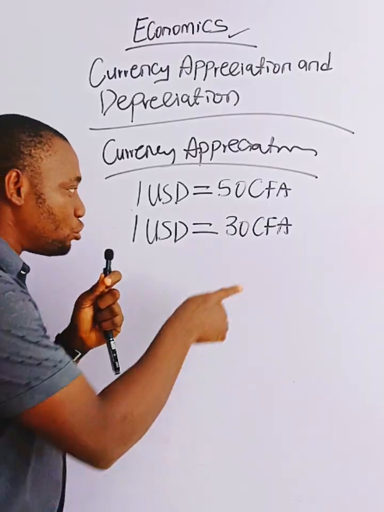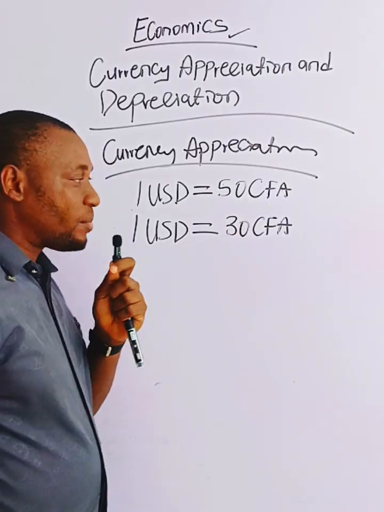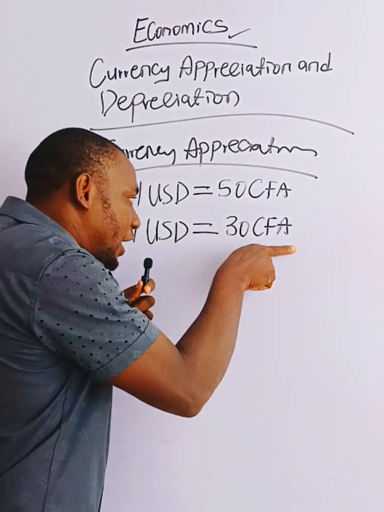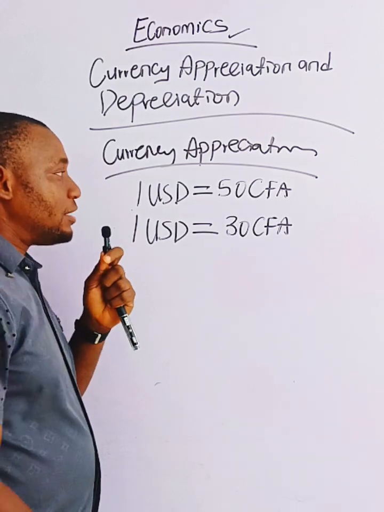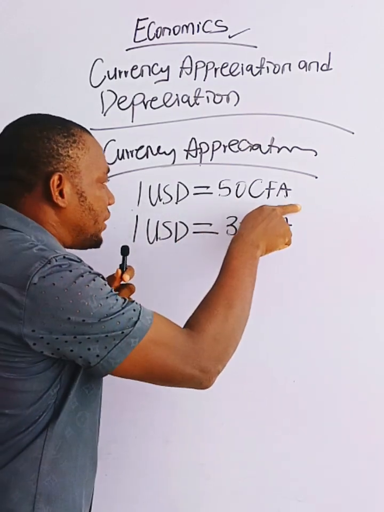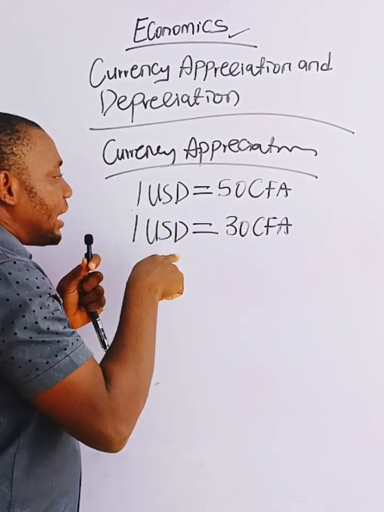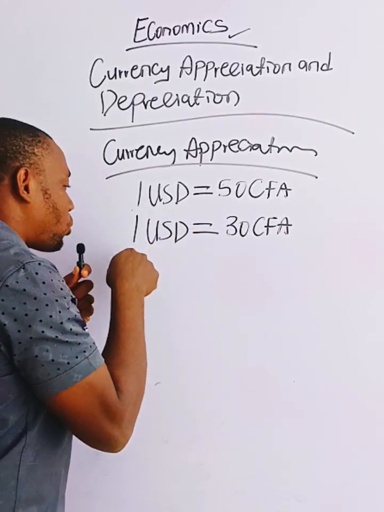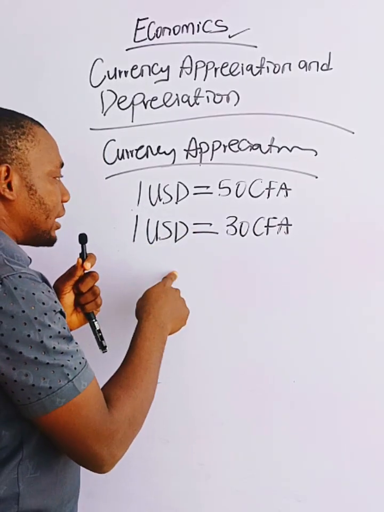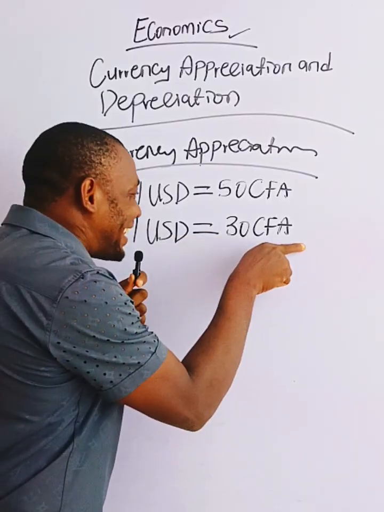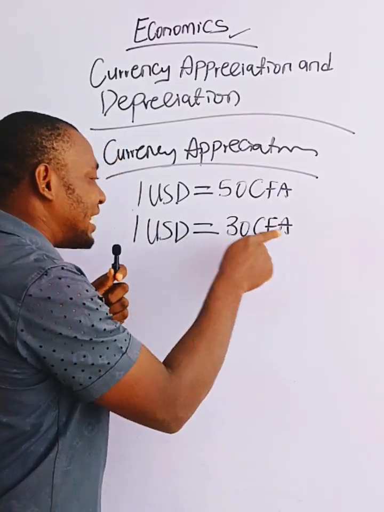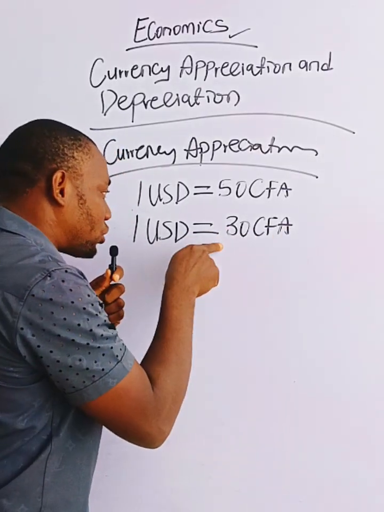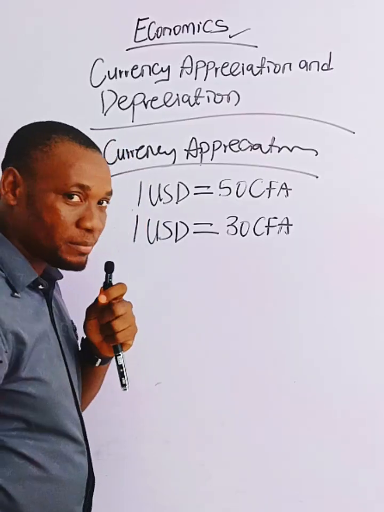What has happened to CFA? CFA has appreciated. Initially, it was 50 CFA to $1 US. After 2 days, you now have 30 CFA to $1 US. Understand now? CFA has increased, it has appreciated, it has increased in value. This is what is called currency appreciation.